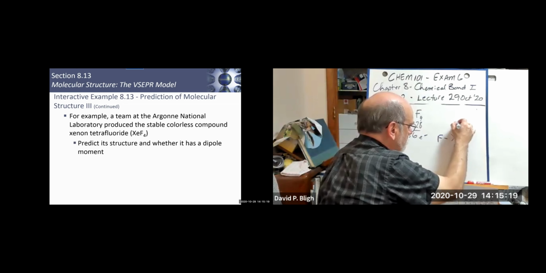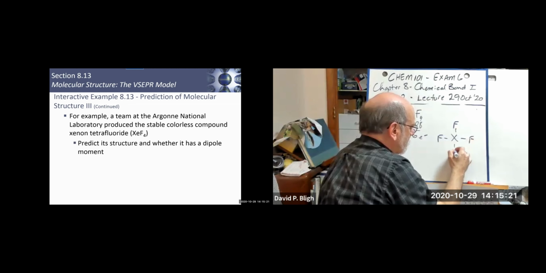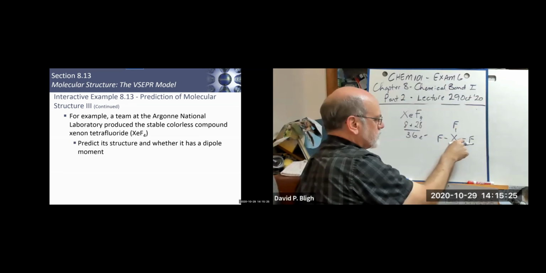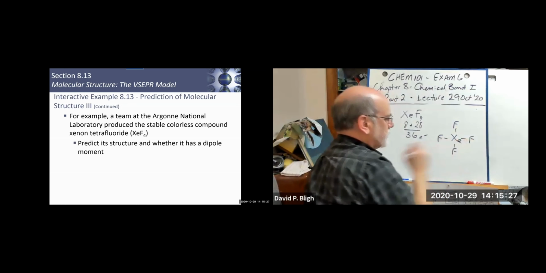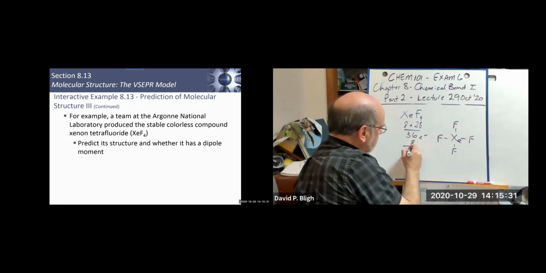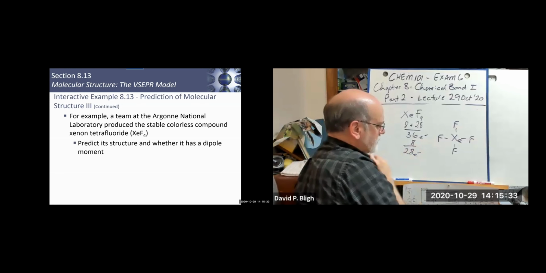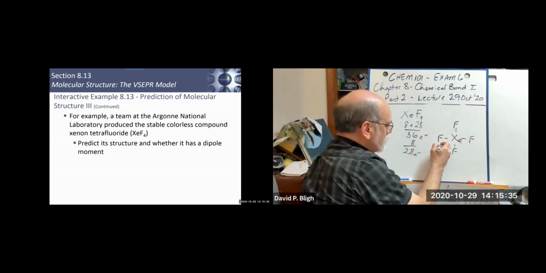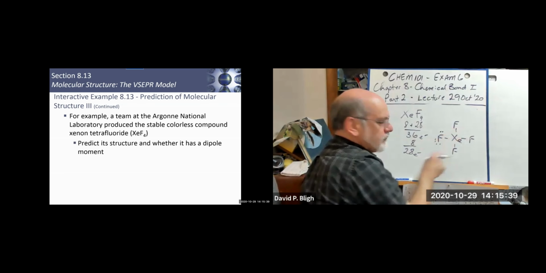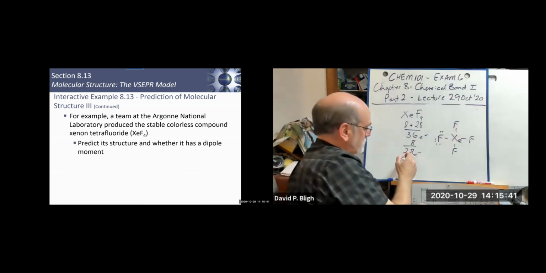Fluorines around. 2, 4, 6, 8. 2, 4, 6, 8. Xenon. 2, 4, 6, 8 means 28. So 2, 4, 6 on each one. 1, 2, 3, 4 times 6 is 24.